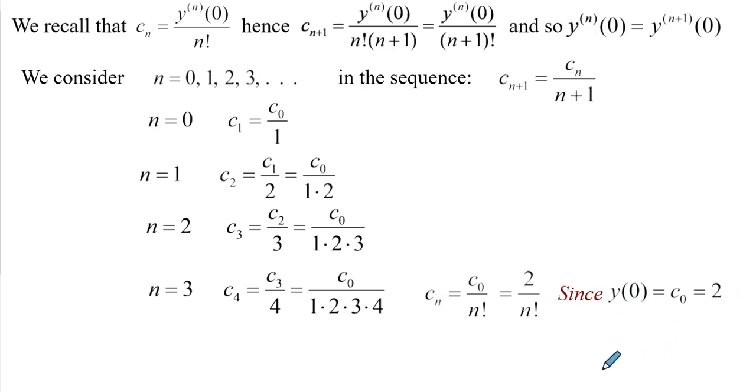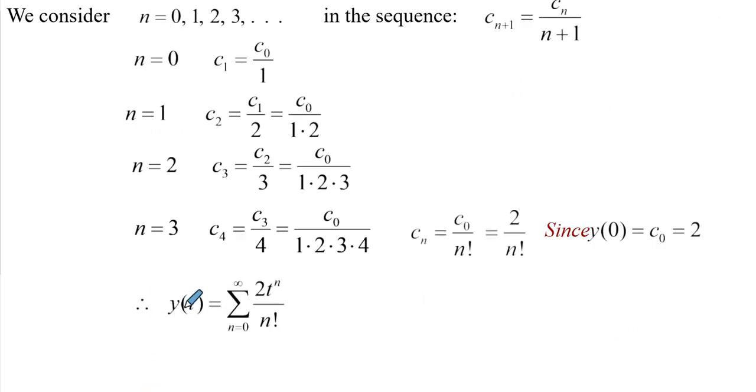So at this point, we are ready to give our power series expansion of our solution. In this case, we need to write that as, therefore y is equals to 2 over n factorial. Remember, this is our Cn, multiplied by t to the power n, starting from 0 to infinity.